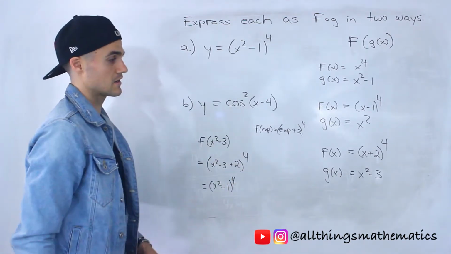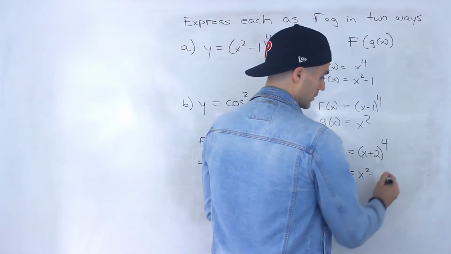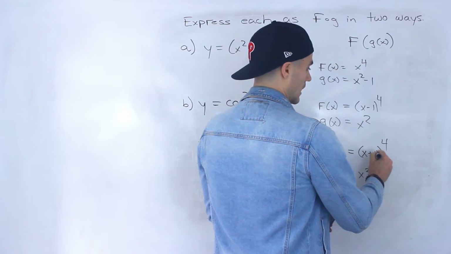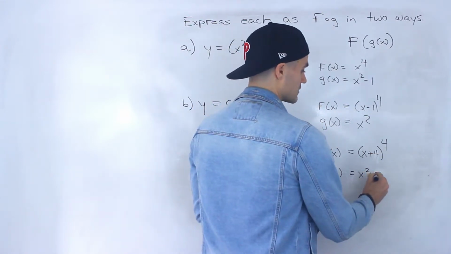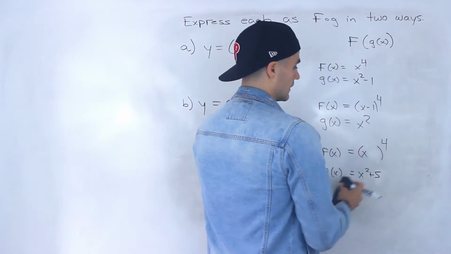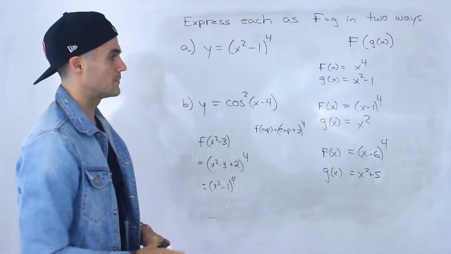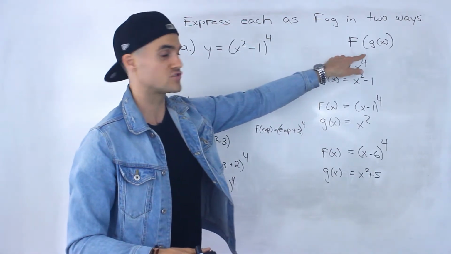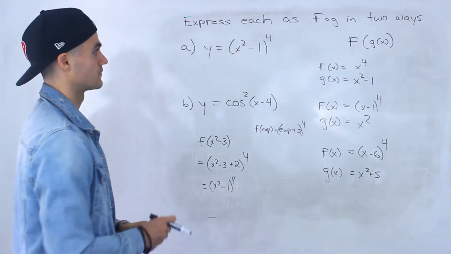That would give us this here. And you could play around with these numbers in an infinite way. You could put minus 5 here, and this would be plus 4. You could even go positive 5, and this would end up being minus 6. So there are an infinite amount of ways that you can express this f and this g, where f of g of x has to equal that function right there.